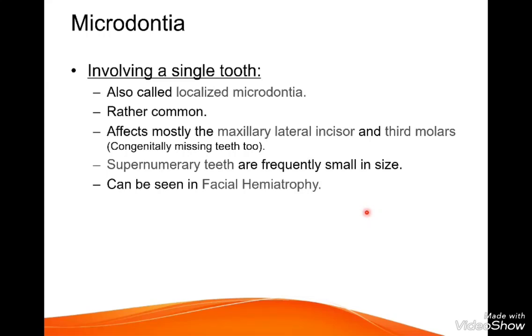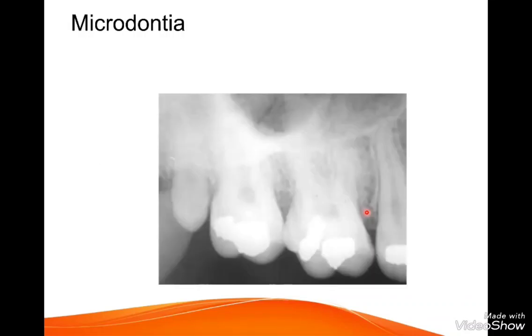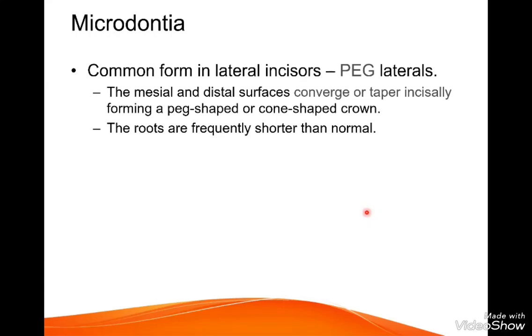Microdontia involving single tooth is also called by the name localized microdontia. It is very common. The most common teeth affected include maxillary lateral incisor and third molars, and it can be seen in facial hemiatrophy.